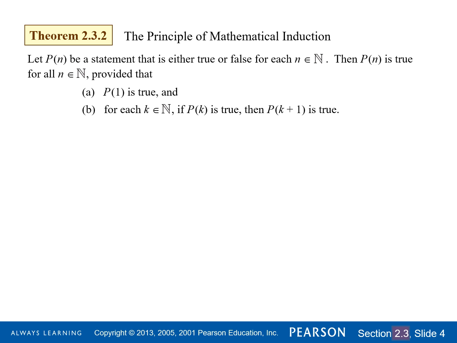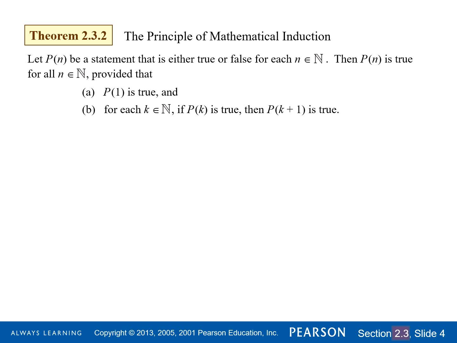induction. Okay, suppose that we have a statement and let's denote that statement by Pn. So Pn is a statement that is either true or false for each n belonging to the natural numbers. The point here is that when we want to use mathematical induction, usually the domain of our statement is the natural numbers.